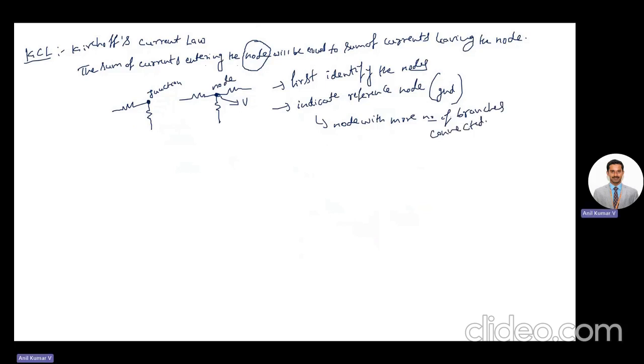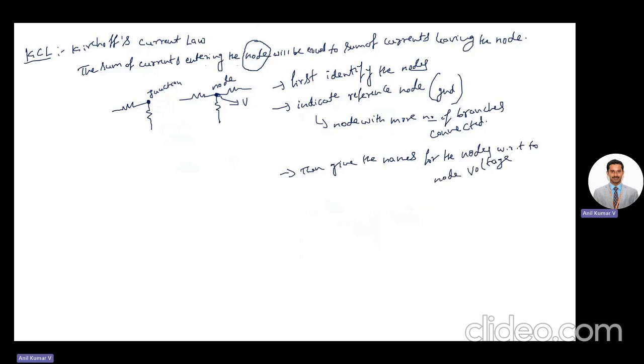For example, if there is a circuit or a network where there are two nodes, one node with three branches and one more node with four branches, then the node where you have more number of branches, you need to take it as a ground node or a reference node. Once you indicate the reference node, then give the names for the nodes with respect to your node voltages.